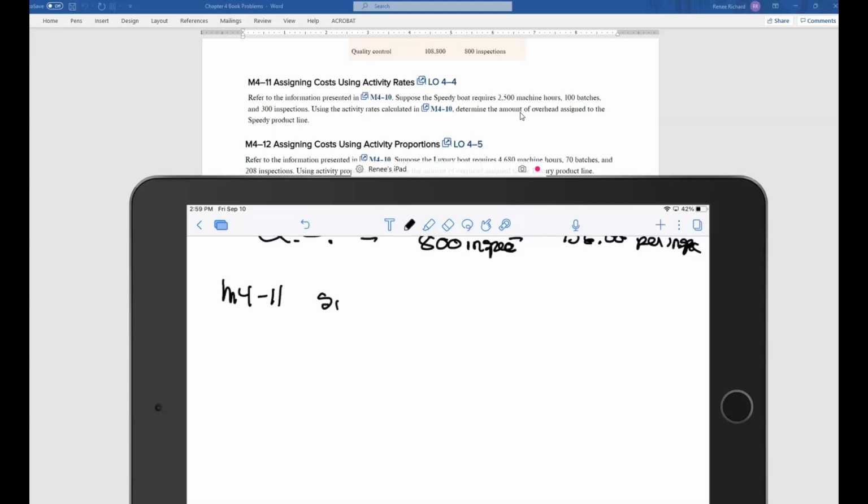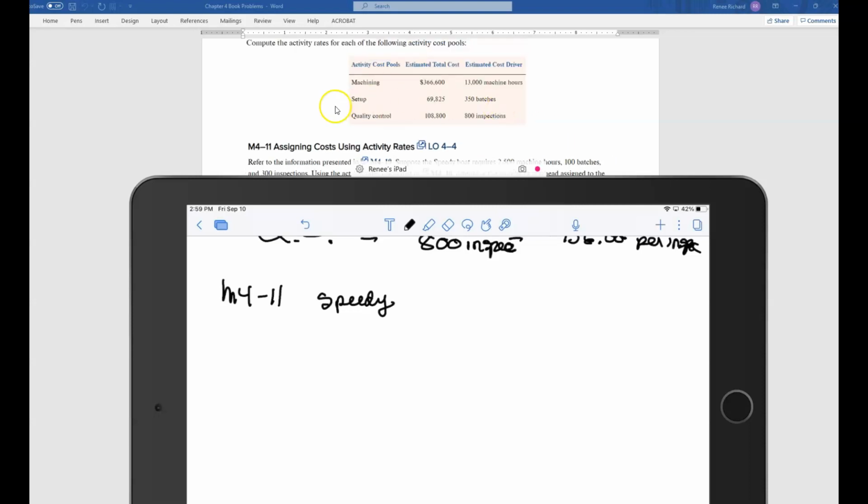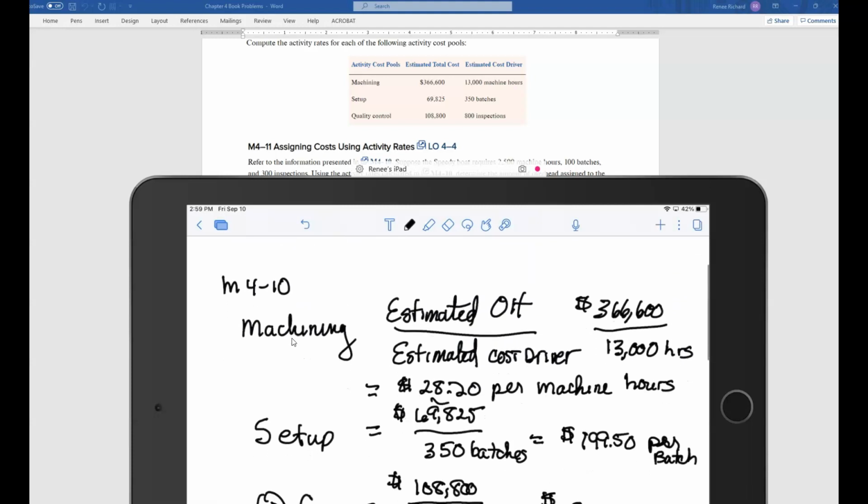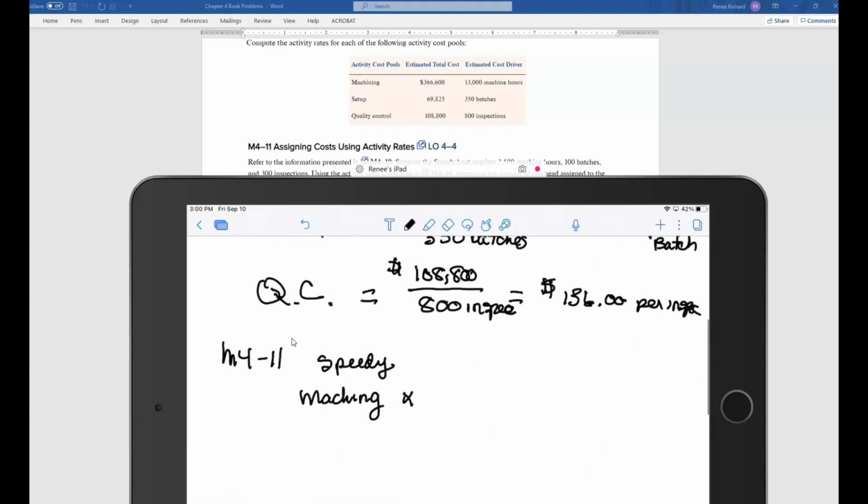So Speedy has machine hours, so that was actually machining. So we're going to call that machining. And the rate is what we calculated earlier, $28.20.